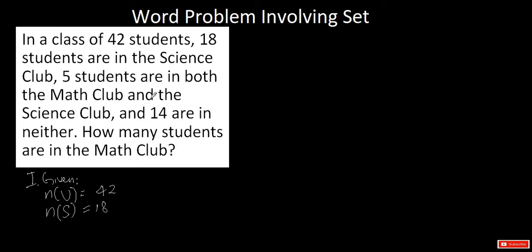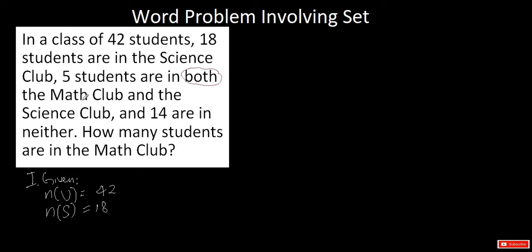Then here's another given. 5 students are in both the math club and the science club. So we have here the keyword both. Now we know that both is intersection.